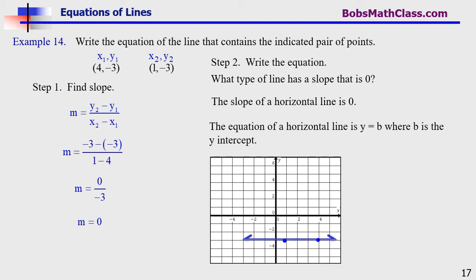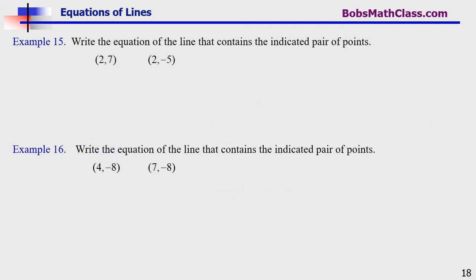It's going to be horizontal. We already know that. So where does it go through on the y-axis? Right, -3. So the answer is y equals -3. So we didn't really have to do all that work, but we had a really good time doing it. All right, let's do the next problems.